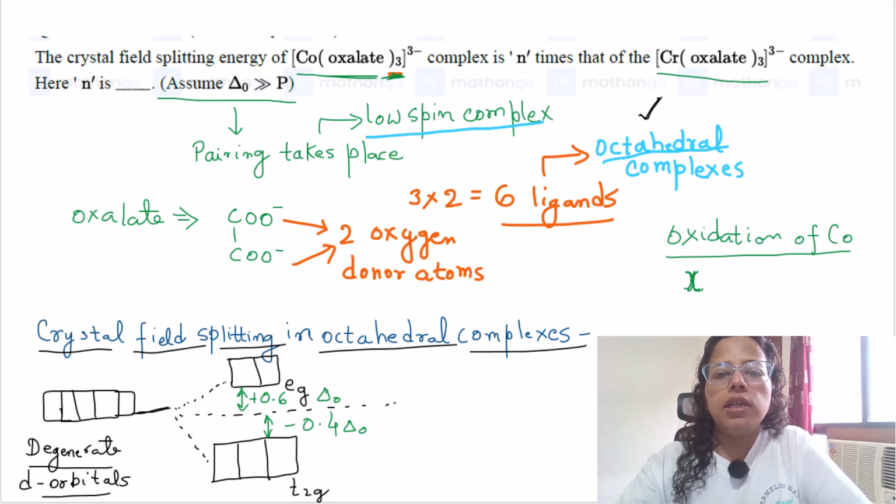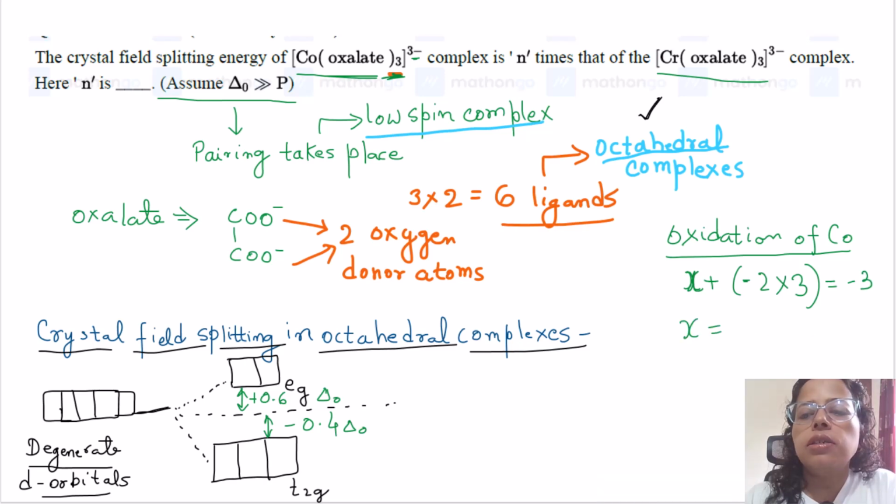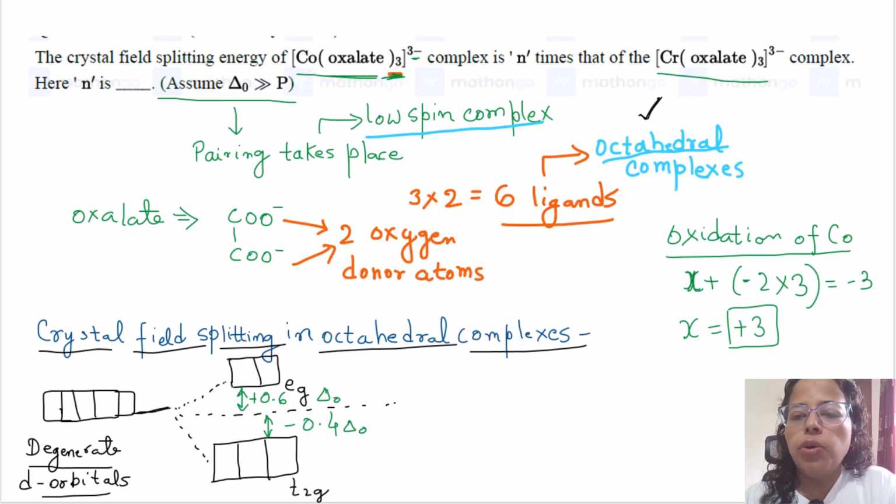There are 3 oxalate ligands. So X plus minus 2 multiplied by 3 is equal to the total charge on the complex, which is minus 3. Then we get X equal to plus 3. So the oxidation state of cobalt and chromium both is plus 3, because for chromium also we apply the same principle to calculate the oxidation state.